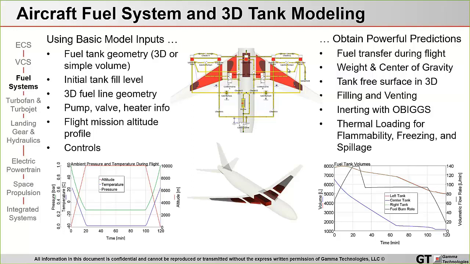Using model inputs like the tank geometry itself, either with a simple approach or a 3D approach, specifying initial conditions like the initial level of fill of the tank, including different components like pumps and valves, and feeding boundary conditions, the user can then study, for example, volumes inside a fuel tank over a flight mission.